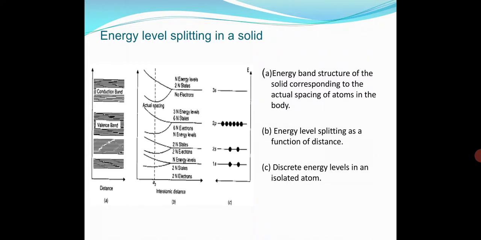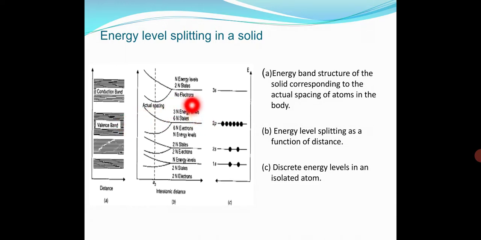Now when we observe that the energy level is split up according to the atoms, here is the band. The electrons in the outermost orbit form the band that will be the valence band.